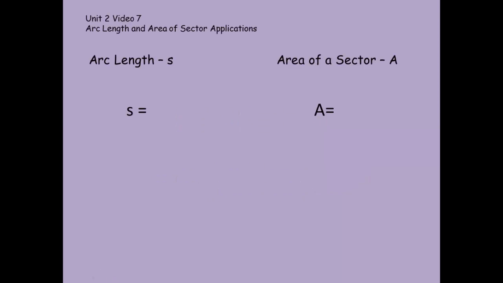So just a little review, our arc length, measured or labeled S, is in radians theta times r, or in degrees is going to be 2 pi r times theta over 360.